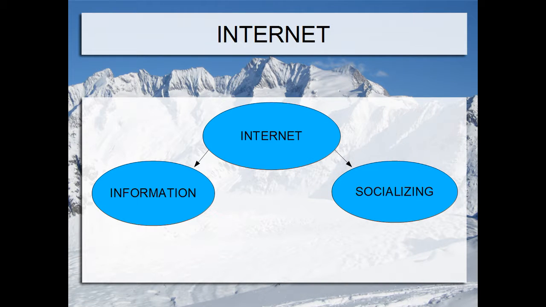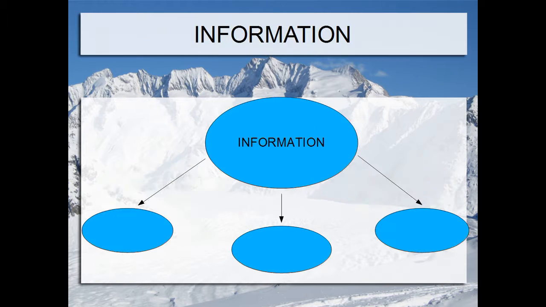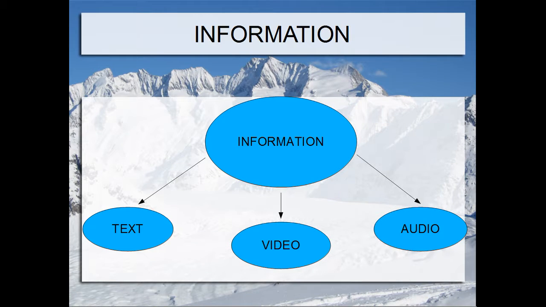To my mind, Internet has got 2 basic functions, which are delivering information and enabling socialization. I then ask students about types of information available on the net. Most of them usually know the right answer, so I reveal my idea. The types are text, audio and video information.